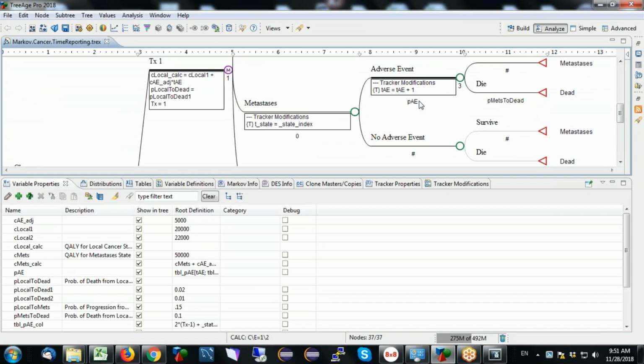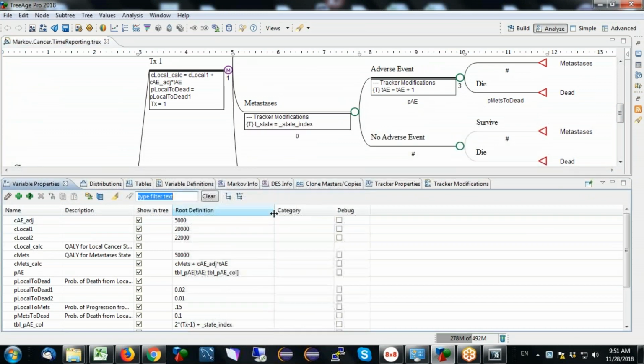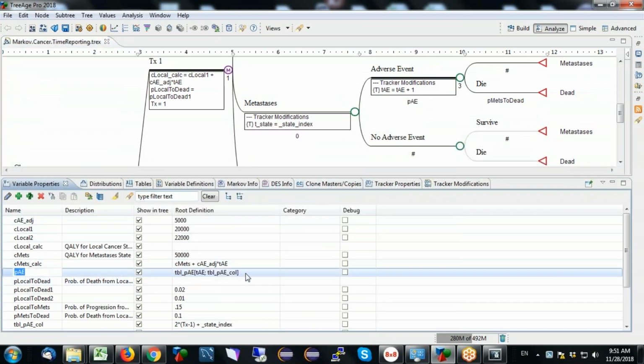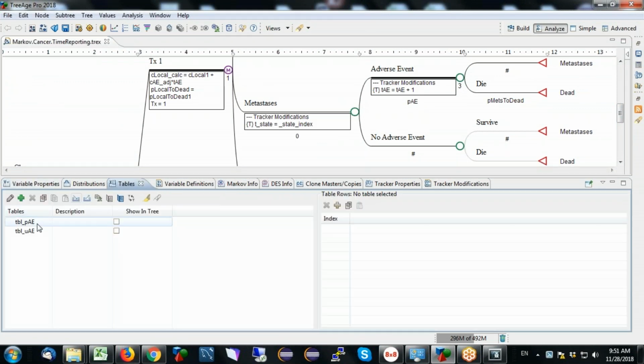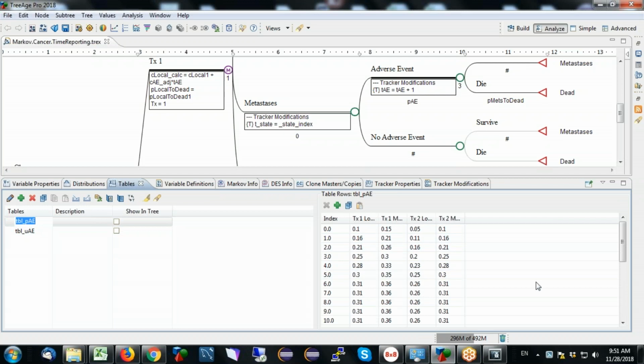So how is this PAE calculated? Well, it's a little bit complicated. It's right here. It comes out of a table, right? And that table has a whole bunch of data in it, a whole bunch of different values. This is the number of prior events.